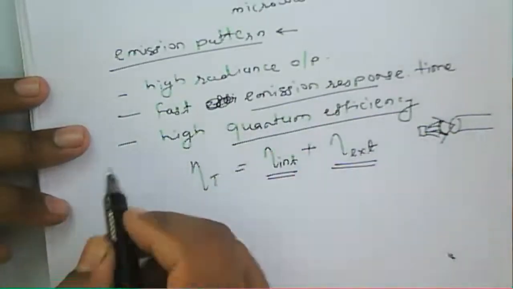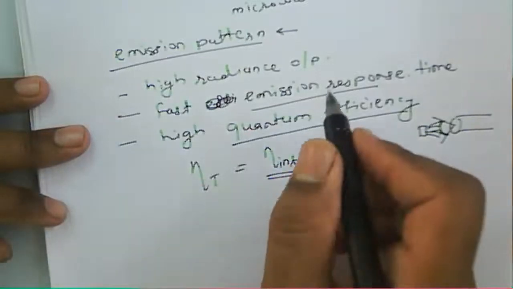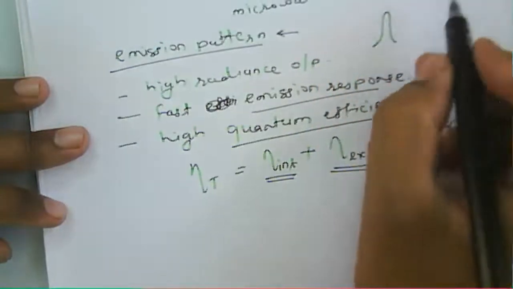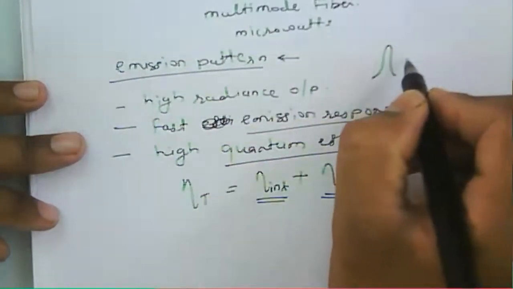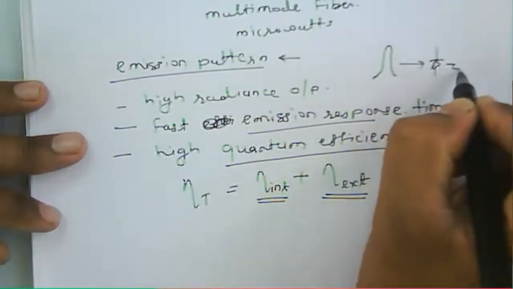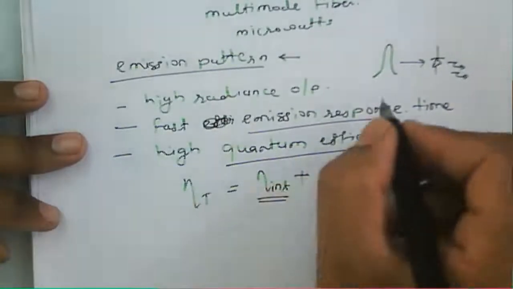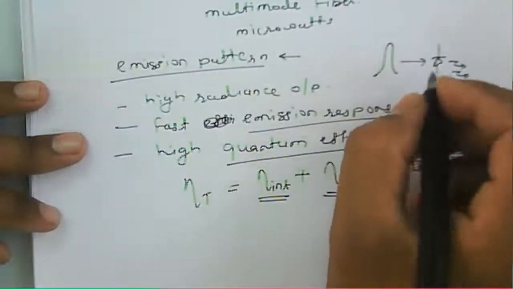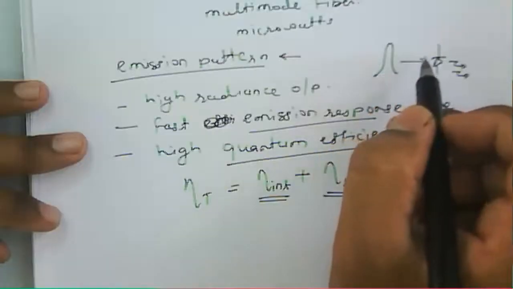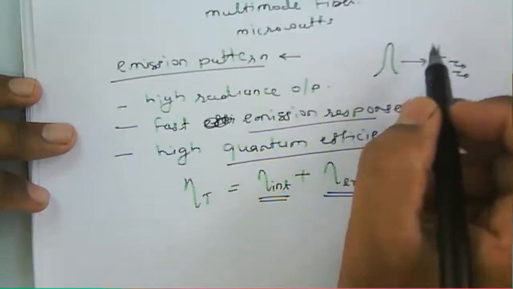In the case of emission response times, when we apply current to the light emitting diode, it will start emitting photons of energy. Now, how your light emitting diode responds to this particular current pulse, that we need to learn.